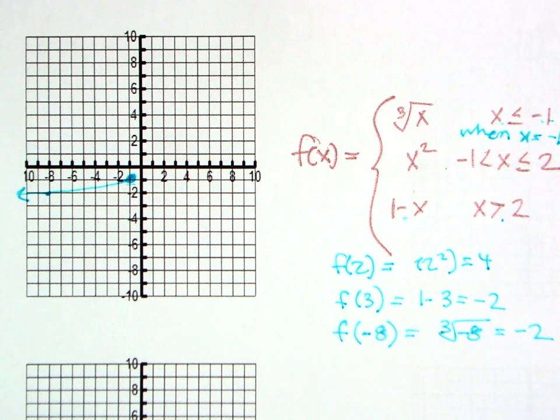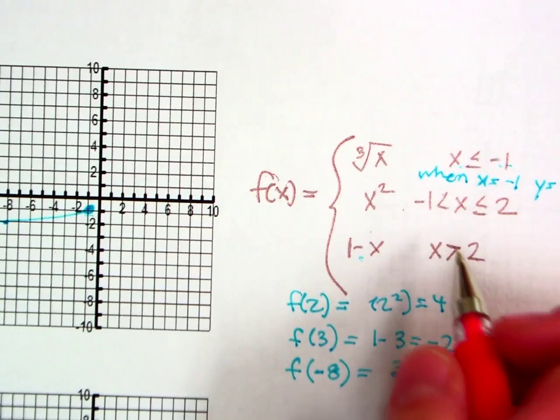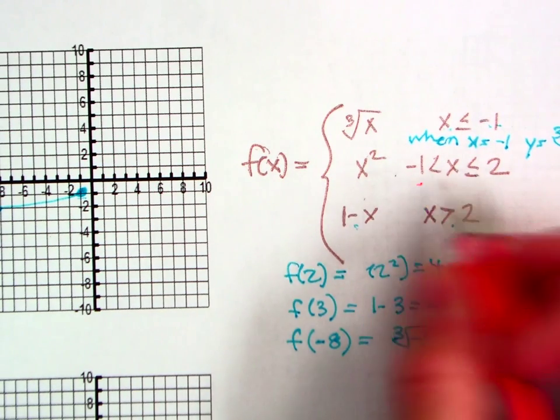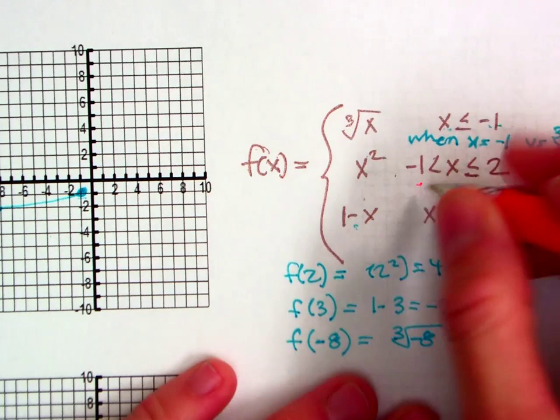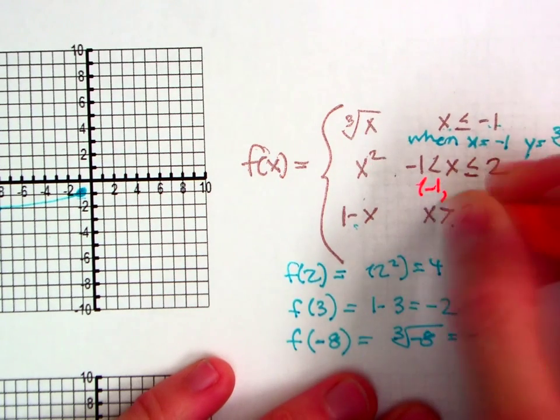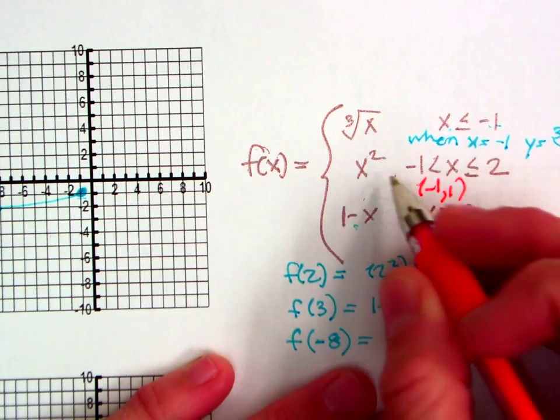The next piece is x squared, which looks like a parabola. I have a starting point and an ending point that I want to plug in. When I plug in negative 1, I get 1. And when I plug in 2, I get 4.